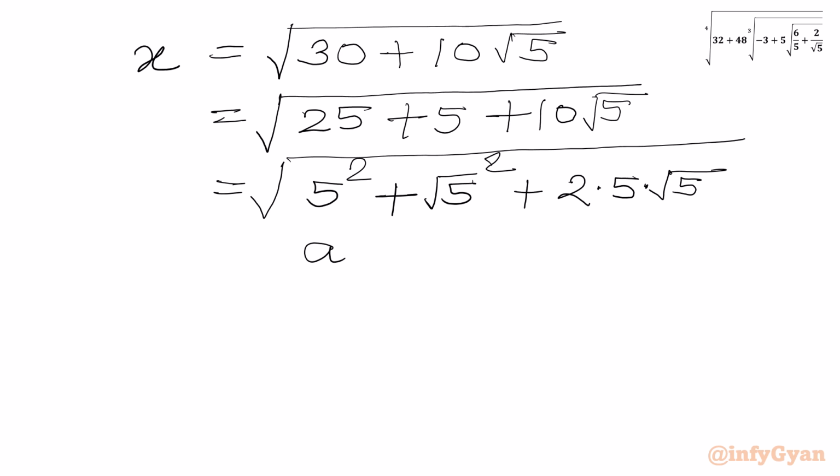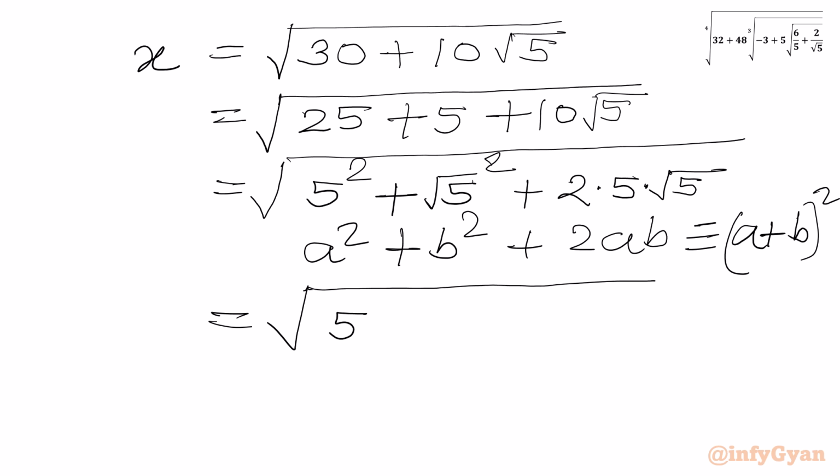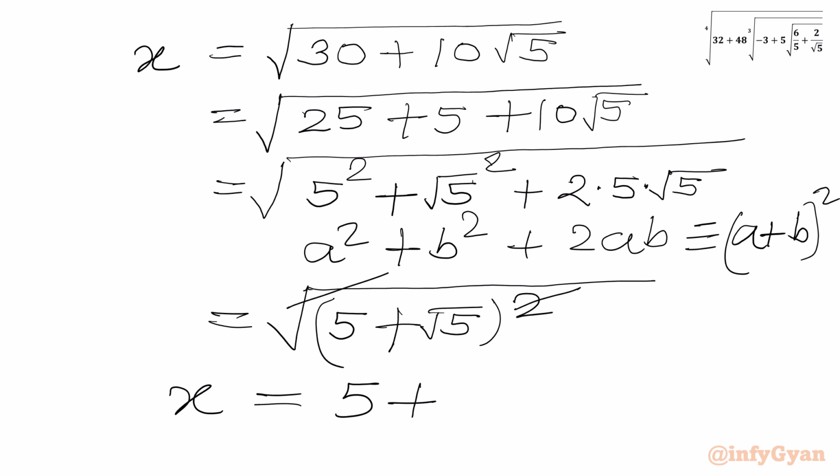So here a square plus b square plus 2 times ab, which we can write as a plus b whole square. So I can write in the radicand, this is 5 plus square root 5 whole square. Now the square root and square will be over. We will get x as 5 plus square root 5.